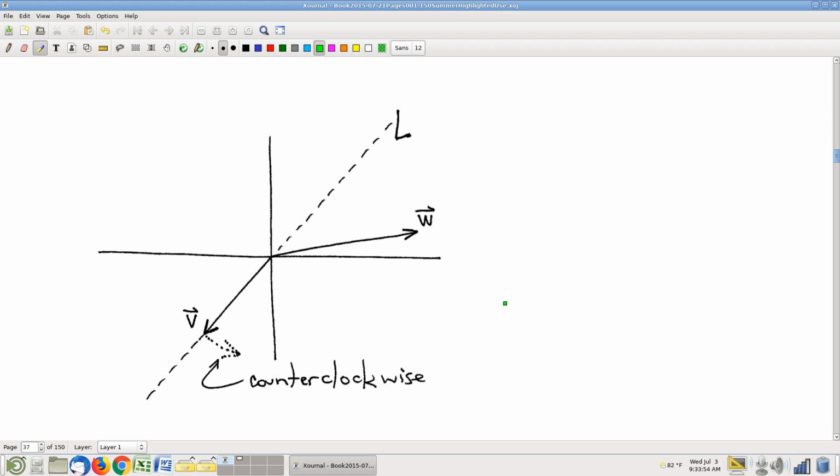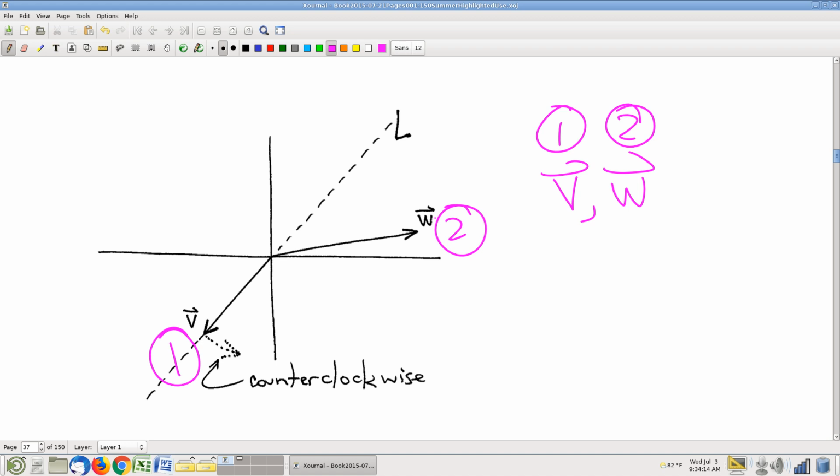This is called clockwise versus counterclockwise. And the idea is this: whichever one is listed first, suppose I'm looking at the list v comma w. So that means v is first, and w is second.